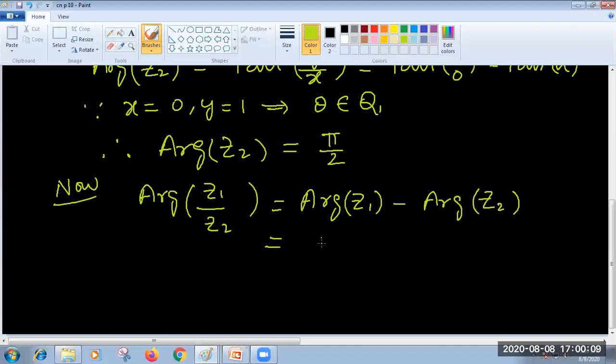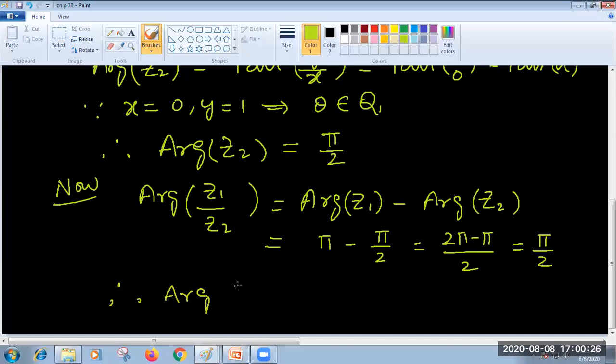Argument z1 is pi, argument z2 is pi by 2, taking LCM, so this is 2 pi minus pi, that is pi by 2. So argument z1 by z2 is equal to pi by 2.